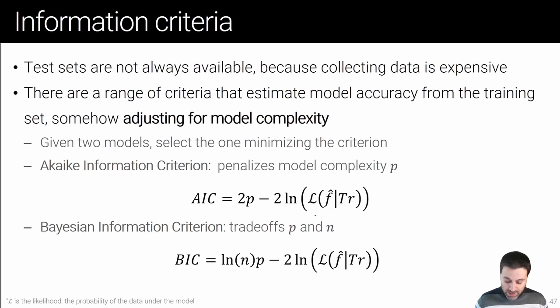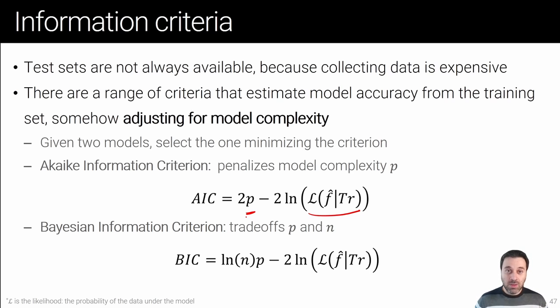So we have the likelihood over here, and we have another term that relates to P, the number of parameters. And so how do we minimize the Akaike Information Criterion? Well, one of two ways: either using a small number of parameters or having a model that fits the data very well. And it's again about the balance between the two of them, between P and the likelihood of the model.